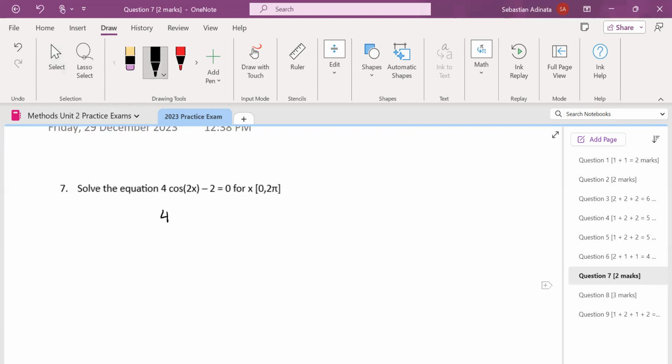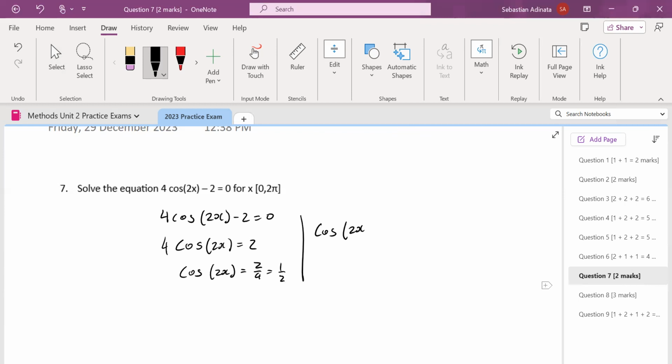So let's rewrite this. Let's start with moving the 2 across and moving this guy to the 4 equals 1/2. So we've got cos 2x equals 1/2.